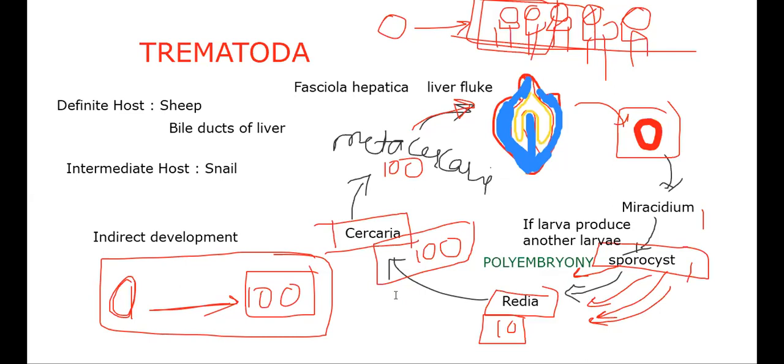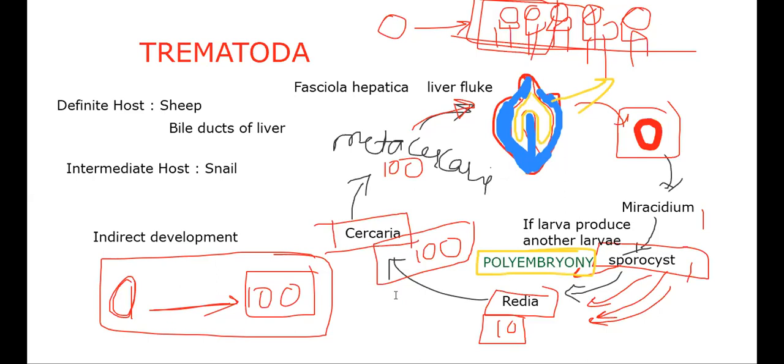But a parasite should produce a large number of individuals. Being acoelomate, it can't produce more eggs because there is no space in the body. So it has shown a special feature to overcome this. That feature is called polyembryony.